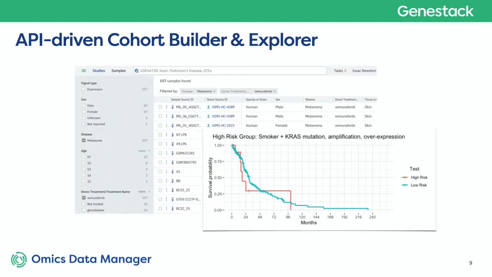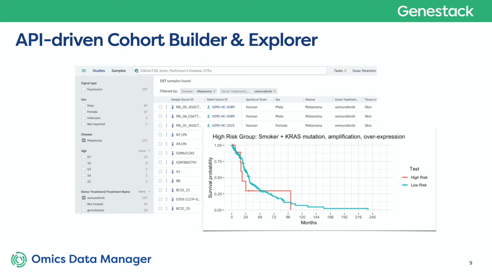So what we are doing here is leveraging the data model and search capability in Omics Data Manager to extend our study browser to a patient or sample browser. As you can see here, it shows a list of patients across studies and all of the data associated with them. You can then select relevant patients, say for a particular treatment or indication, and build a cohort.